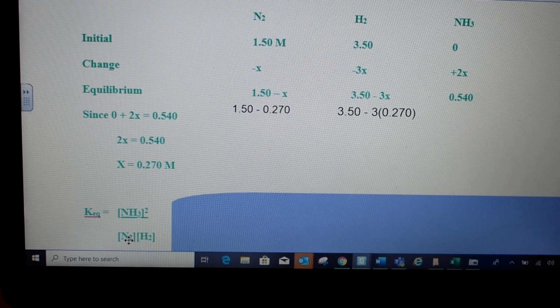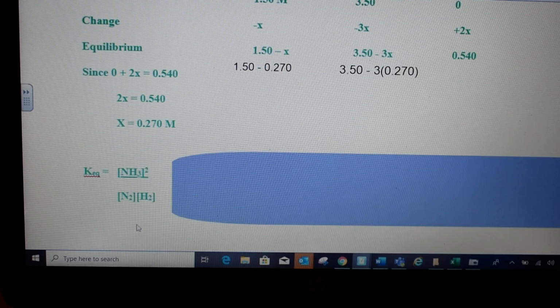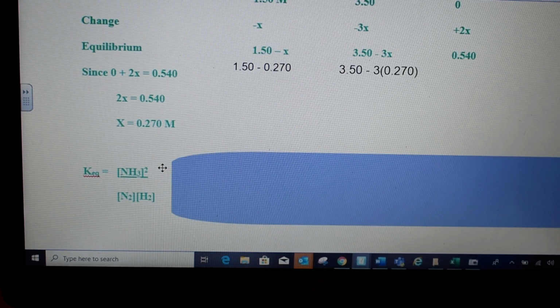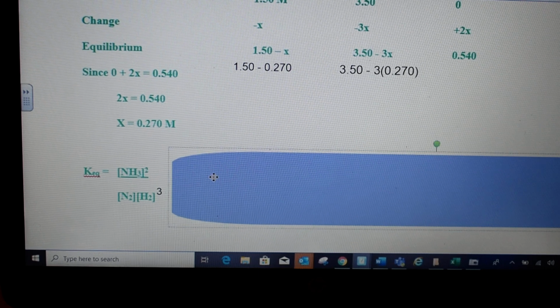So my N2 has a 1 exponent, my H2 has a 3 exponent, although it's not shown in there, is it? That's a terrible story. Alright, so we're going to put a little itty bitty 3. There we go. Alright, and we'll make that a green color momentarily.